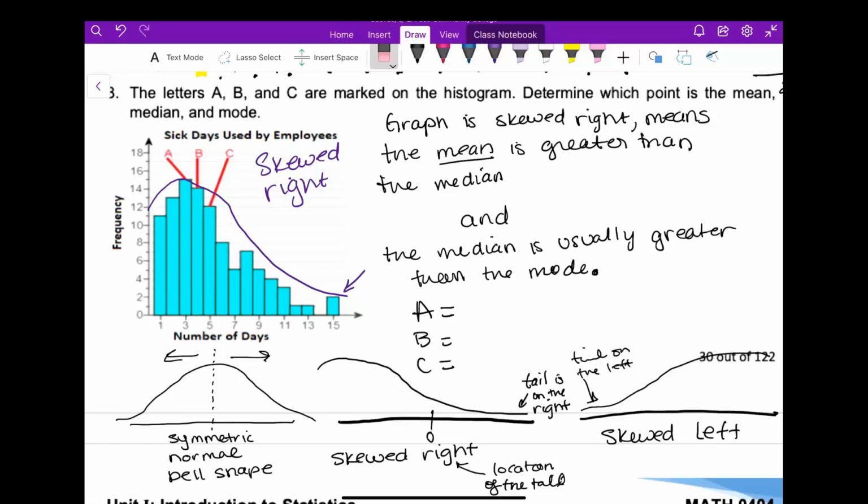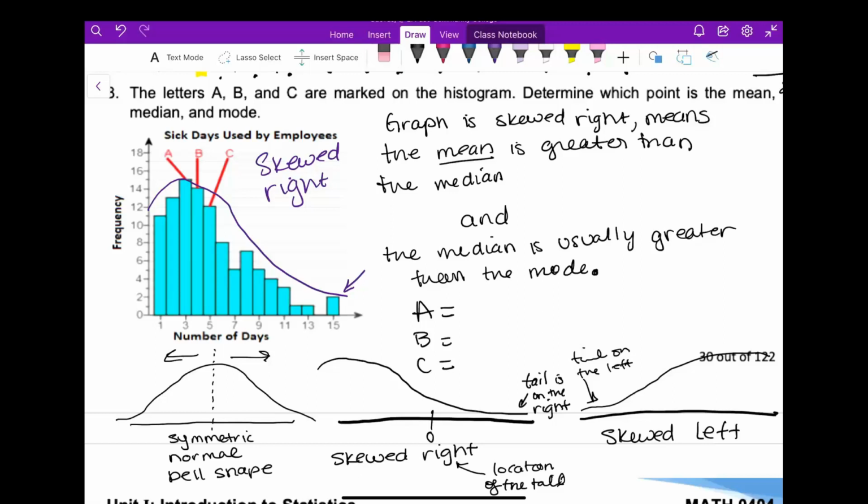Now that you know the fact, let's take some time to analyze these bars. A common mistake is to look at the height of the bars. We are not looking at the height of the bars. We are talking about the data. So this A represents a value of 3.